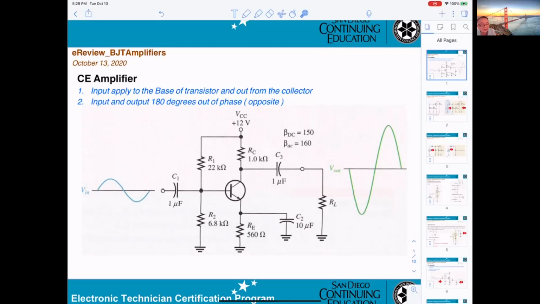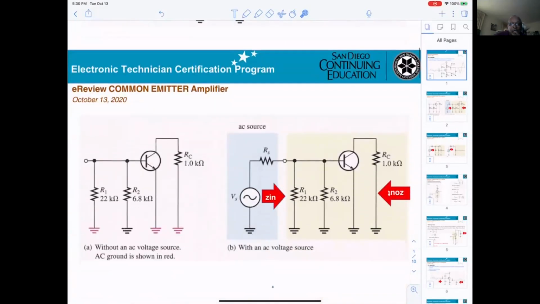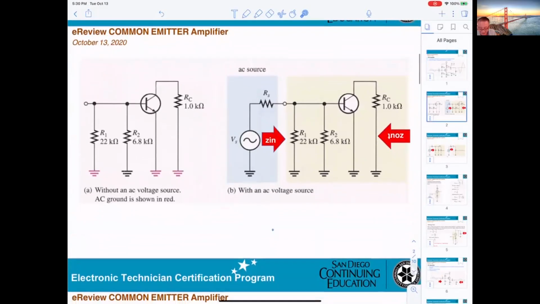When you convert to AC, it must be ground. So this R1 connects to the base and to ground, so it will be parallel with R2. That's why they draw this one for you.